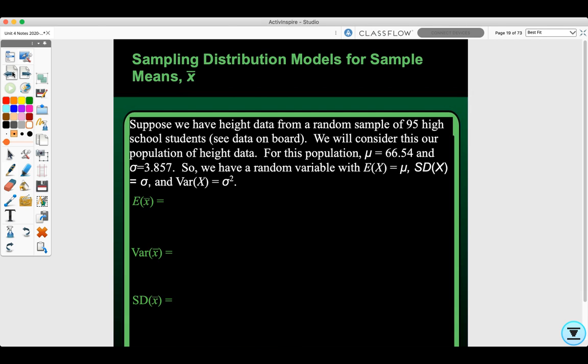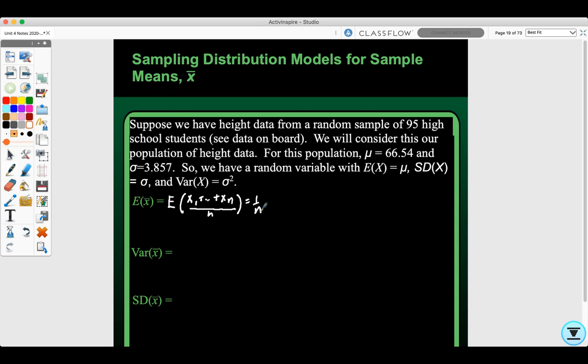So let's go back and derive our expected value of x bar, our variance of x bar, and our standard deviation of x bar. Our expected value of x bar is the expected value of x1 plus dot dot dot plus xn, all divided by n.